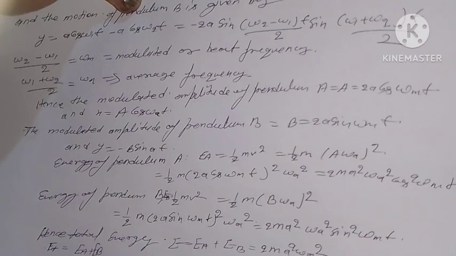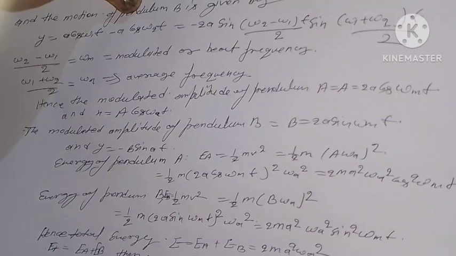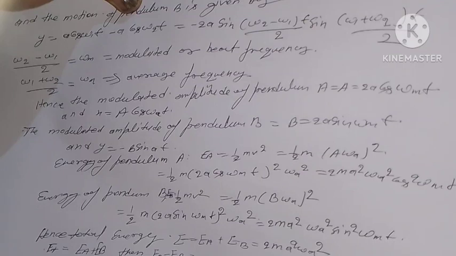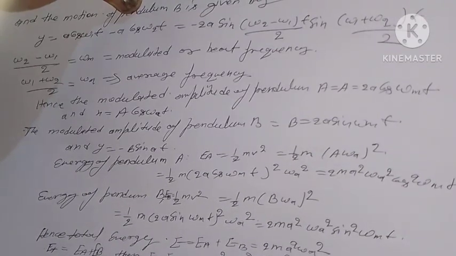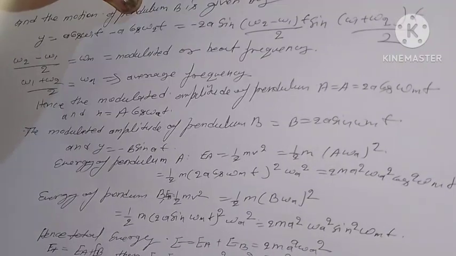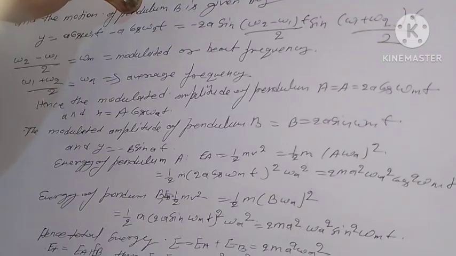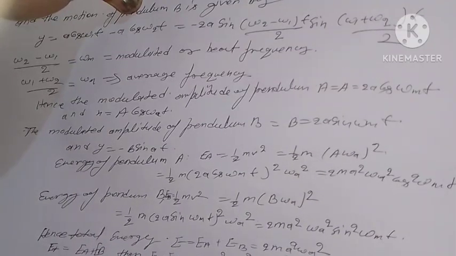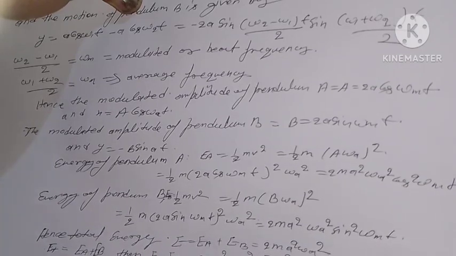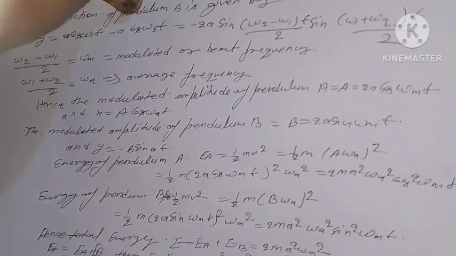Okay, then EA minus EB equals 2m a square omega a square (cos square omega m t minus sin square omega m t), that is E cos 2 omega m t, equal to E cos (omega 2 minus omega 1) t.